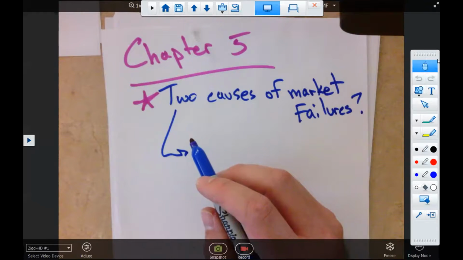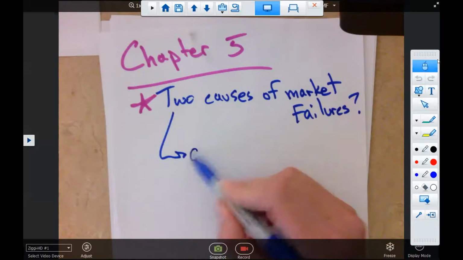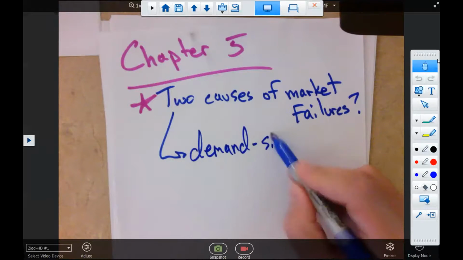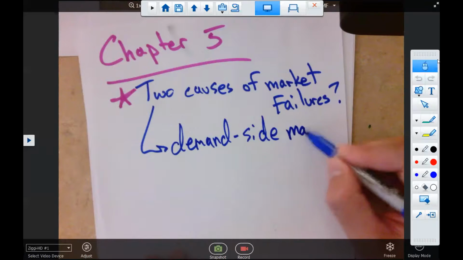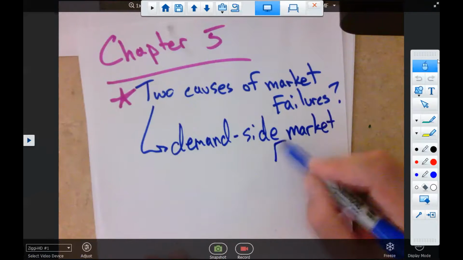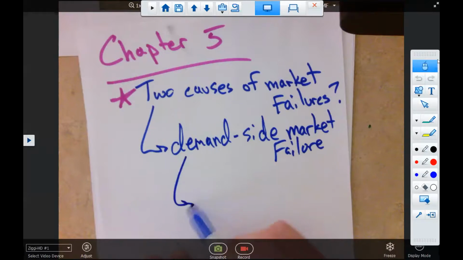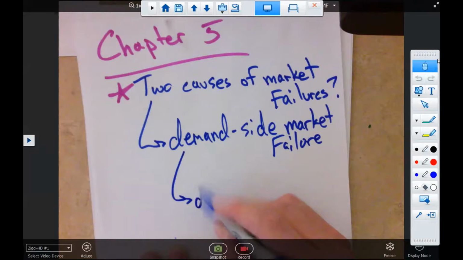Yes, but the way that the book split it up was into demand side failures and supply side failures. So let's try and think of it in those. Well, on demand, it doesn't really reflect how much a customer should buy, and the supply is if it doesn't actually show how much. Right. So the demand side failure is where the demand curve doesn't reflect the full willingness to pay.